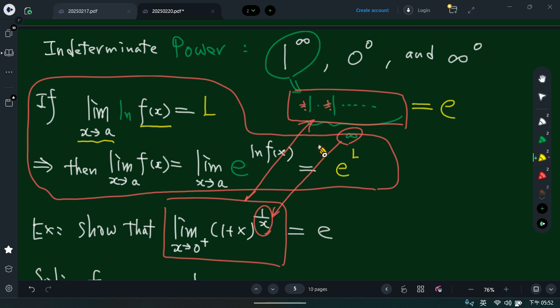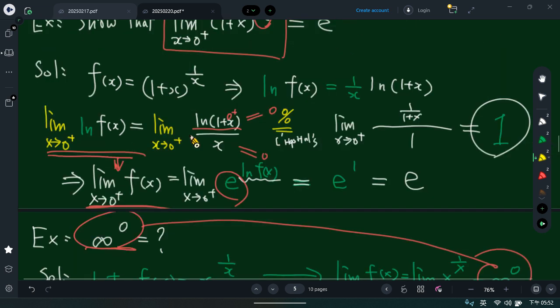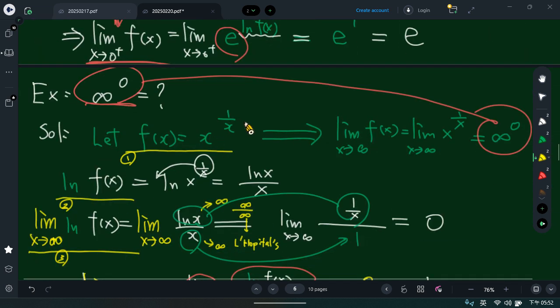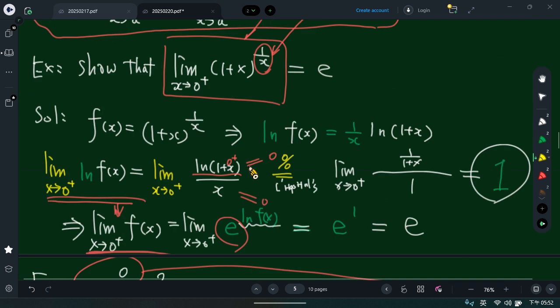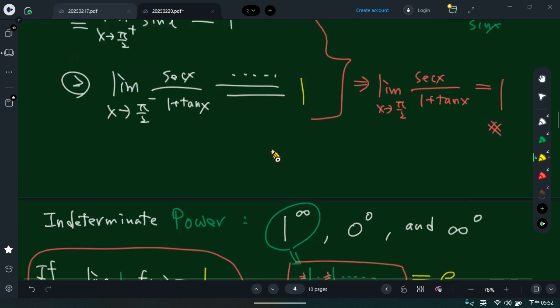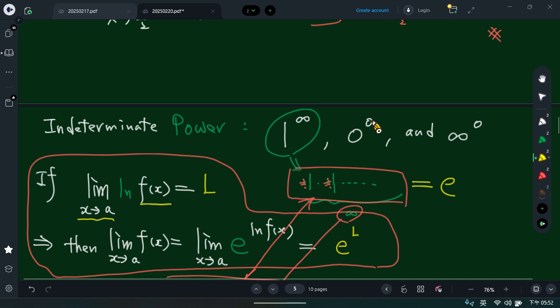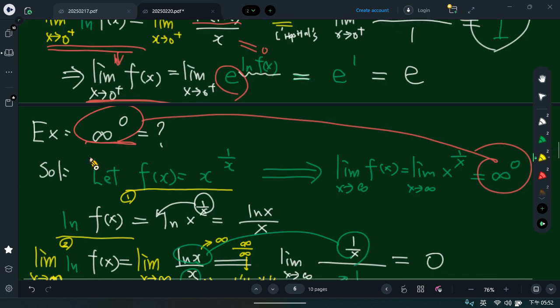You can set the function as x to the power of x, then take the limit as x approaches 0. You need to set the function to fulfill the request here, 0 to 0. If I want to get infinity to 0, I design the function x to the power of 1 over x. So this first step is very important.